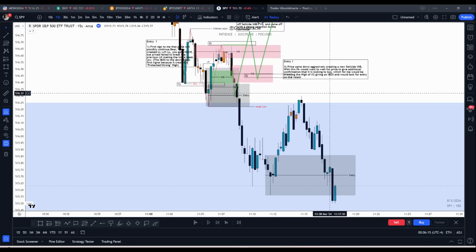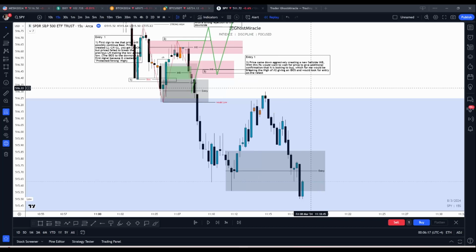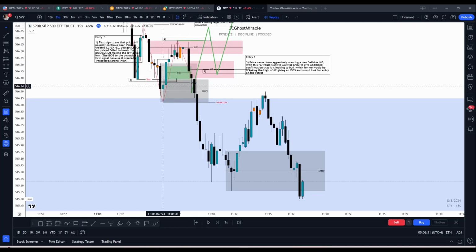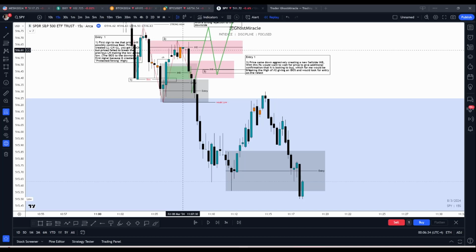What I could see here, just off the bat, looking at this, I'm like, okay, so I already identified, price already burst through here, right? And it came down really strong compared to the up move, where you have one big candle and then a bunch of small choppy candles.